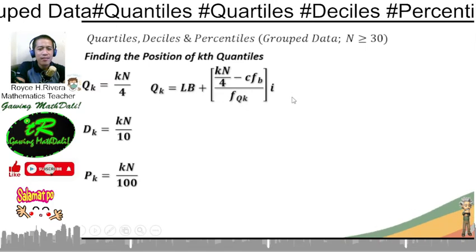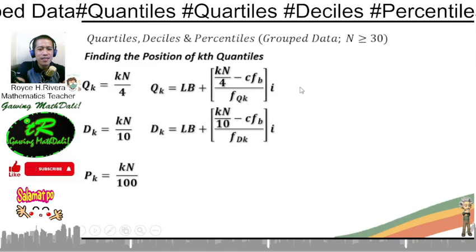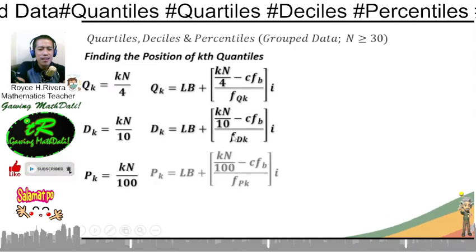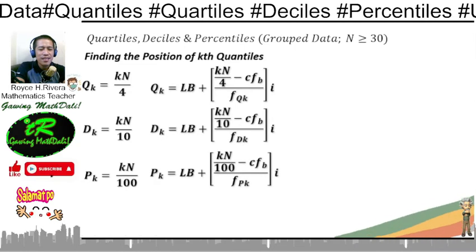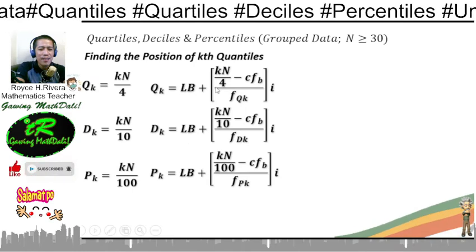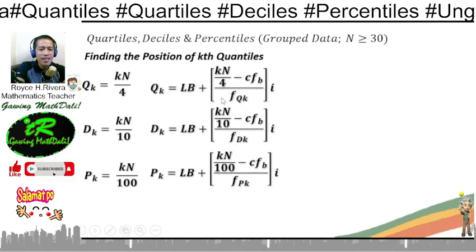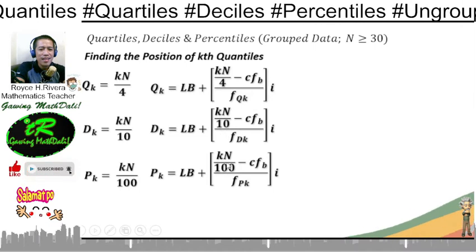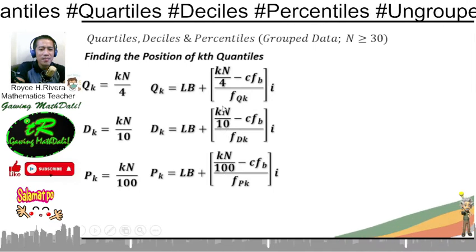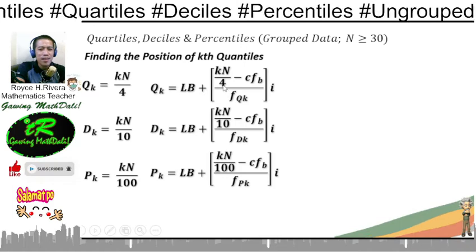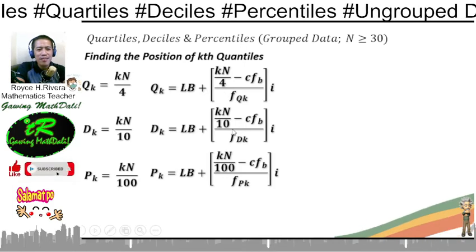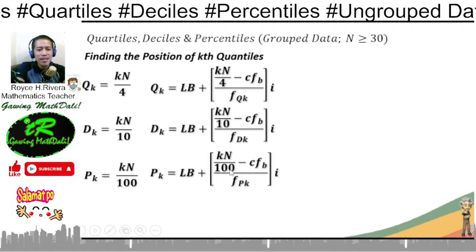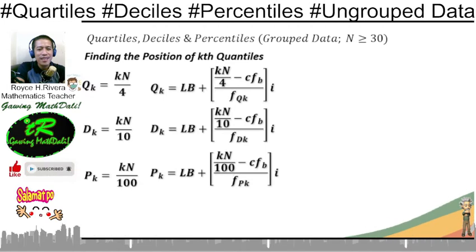And here are for deciles and percentiles. Nagkaiba-iba lang sa denominator of k. k times n. For quartiles, over 4. For deciles, over 10. And percentiles, over 100.